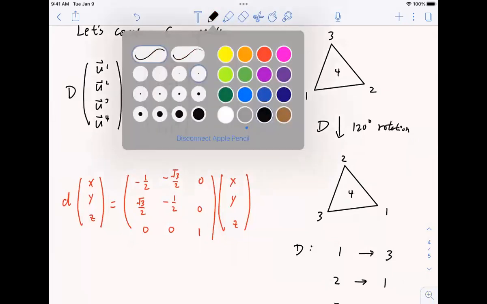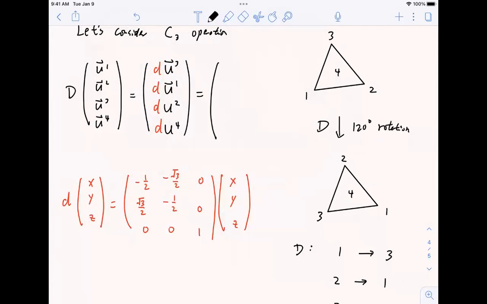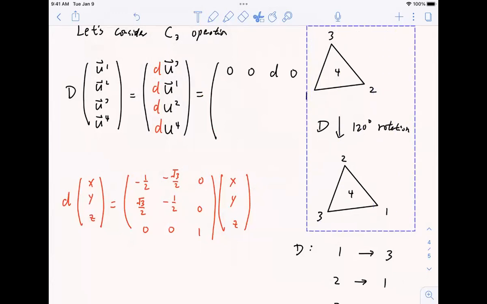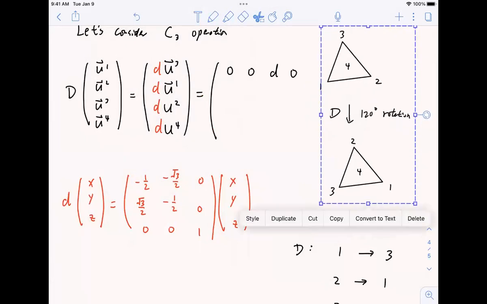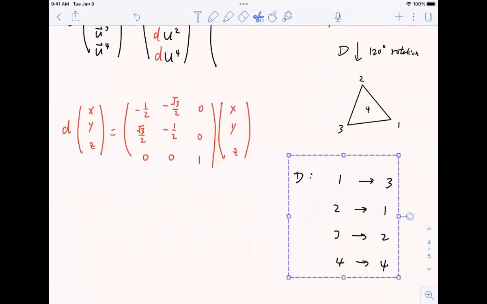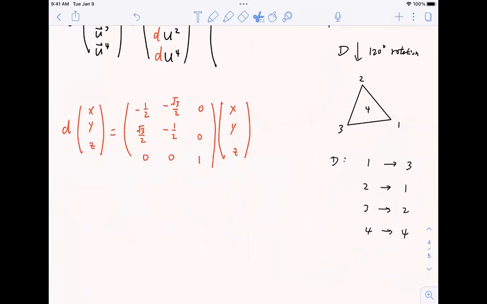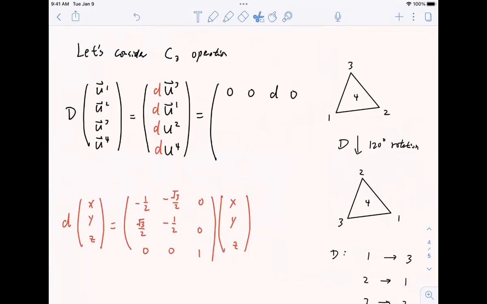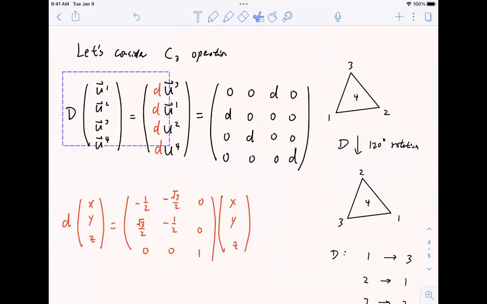So when you write it down, you're going to have this 3 by 3 block, D, with zeros elsewhere, then D, 0, 0, 0, D, 0, 0, 0, D. I need to make it smaller.